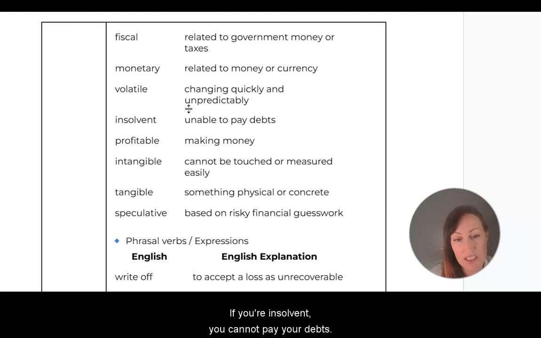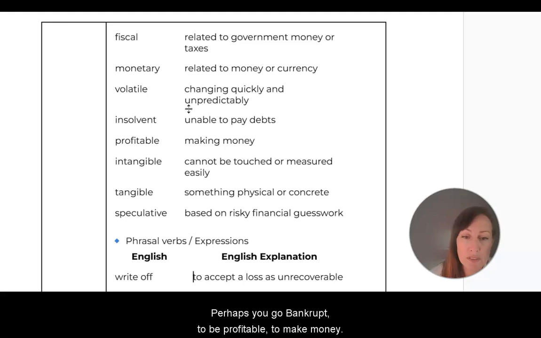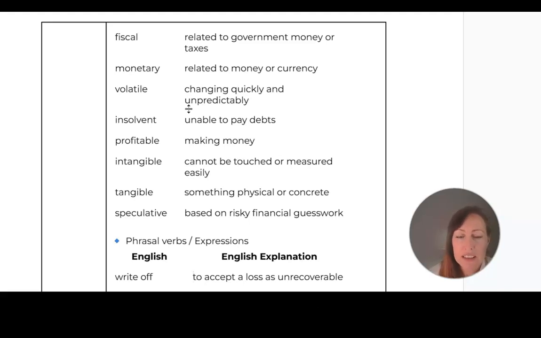If you're insolvent, you cannot pay your debts. Perhaps you go bankrupt. To be profitable, to make money. Intangible, you can't touch or measure easily. Intangible asset is something that you can't touch. A tangible asset, for example, like a house, physical. Speculative, it can be risky. It's guesswork, you know. So those are some adjectives that you can use.